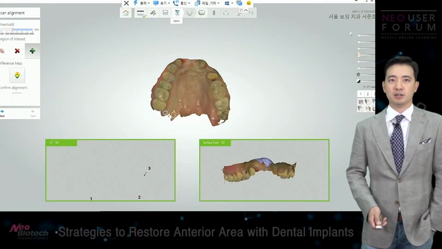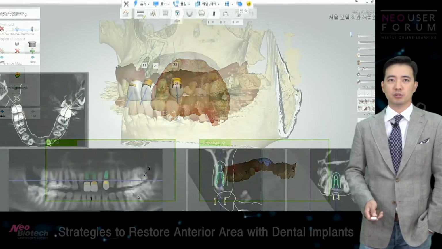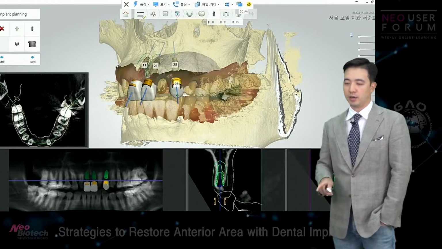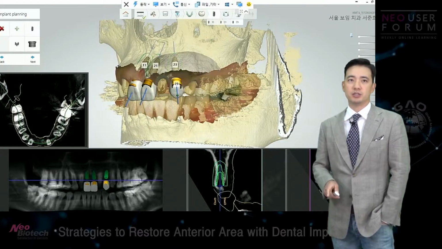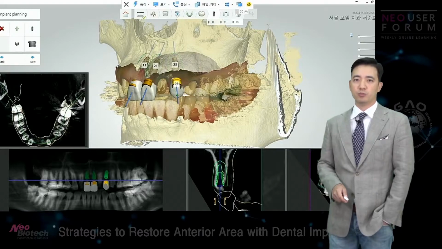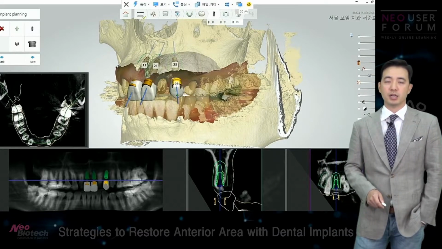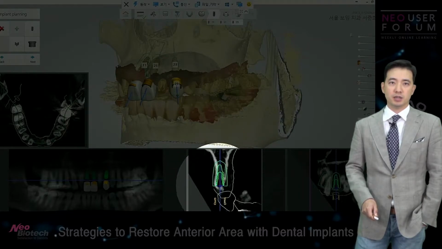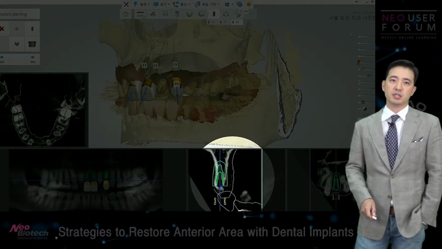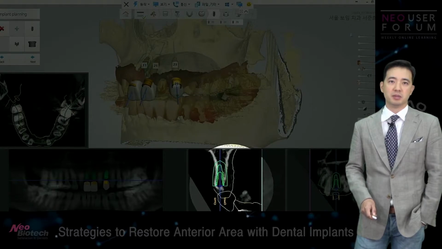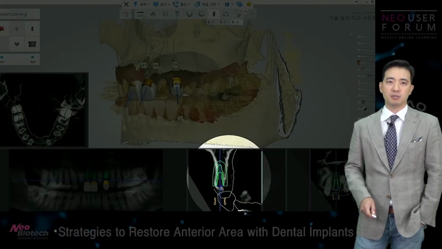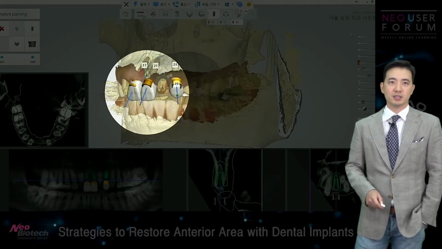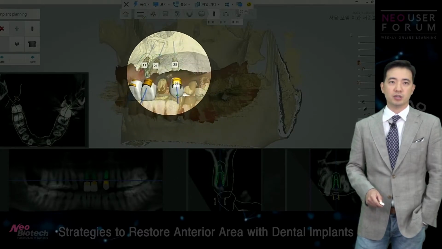So I scanned the patient's mouth intraorally, and I wanted to place the implant in a very accurate position, so I tried to do guided implant surgery. As you look here, the technician designed this implant to go right in the middle of the bone. So as a result, see where the screw hole is coming out.